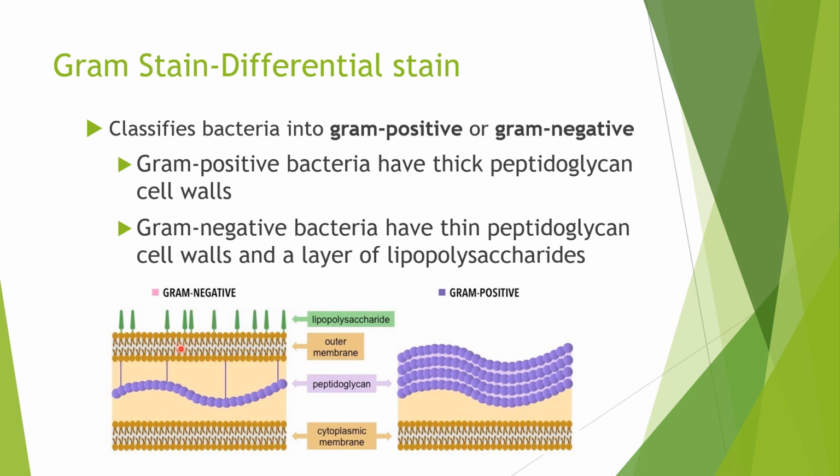They have some other stuff, but in terms of the peptidoglycan, they have a pretty thin layer. And then this bacterium right here, notice how thick its peptidoglycan is. The ones that have a thick layer of peptidoglycan, we refer to as gram-positive. The ones that have a thin peptidoglycan, we refer to as gram-negative.